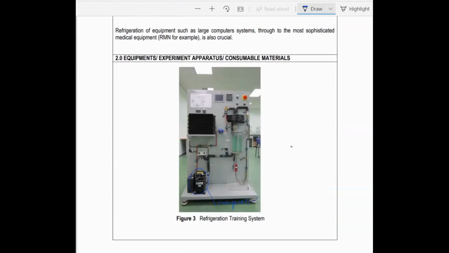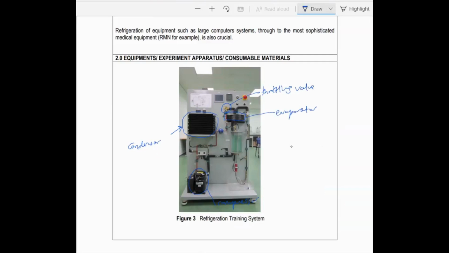The second component is the condenser. The third one is the throttling valve. And the fourth one is the evaporator.